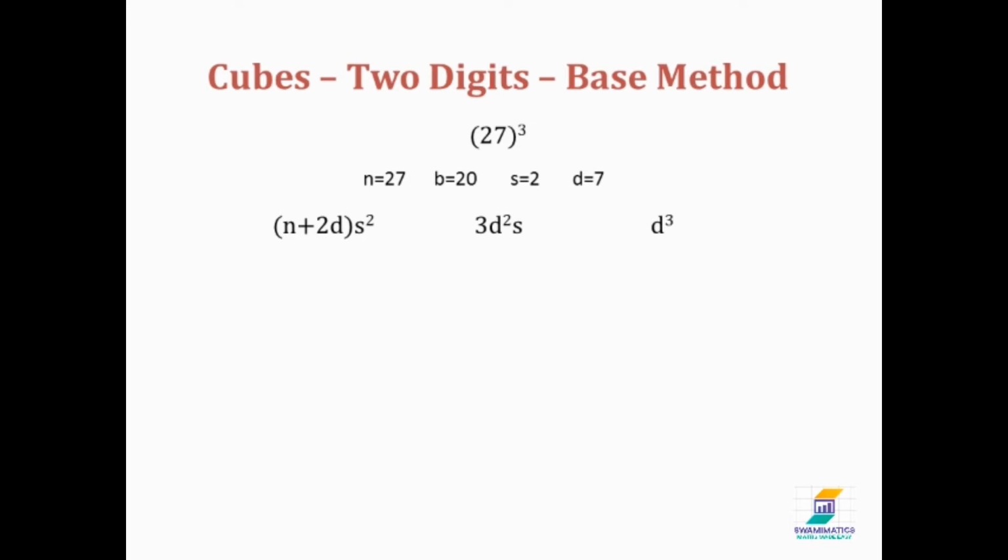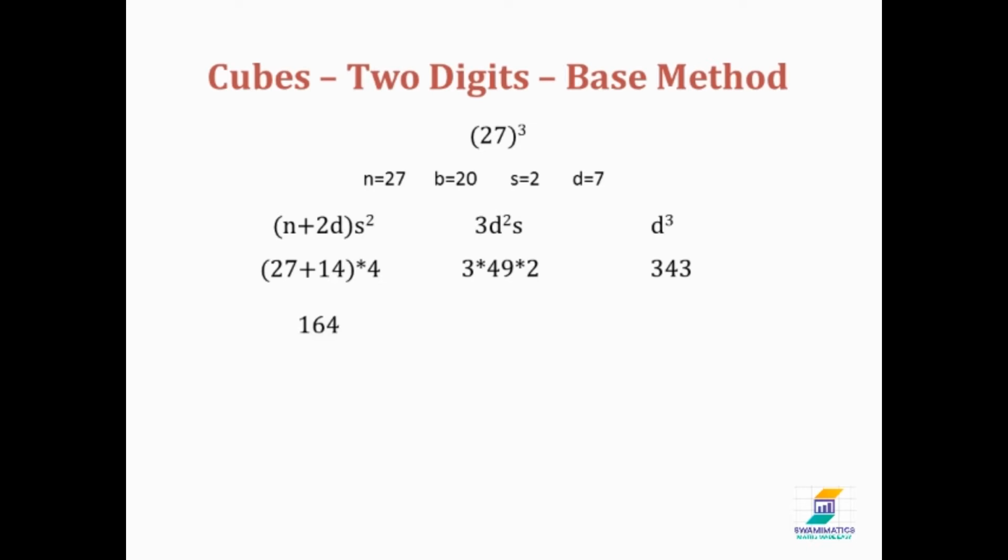The last term is d cube, the deviation cube. Now, the first term: number 27 plus 2 into deviation, which is 14, multiplied by 4. The second term is 3 into d square, which is 49, multiplied by 2. The third one is d cube, which is 7 cube, which is nothing but 343.